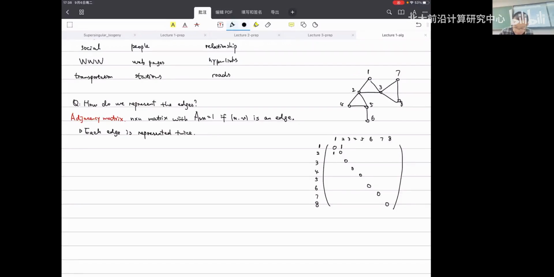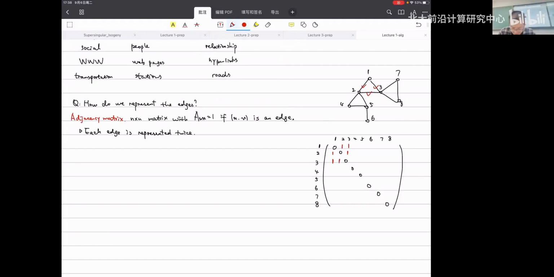For instance, there is also an edge, maybe let's actually do this. So we have done 1, 2, and we can actually do 1, 3. Maybe let me actually use the red color here. 1, 3.